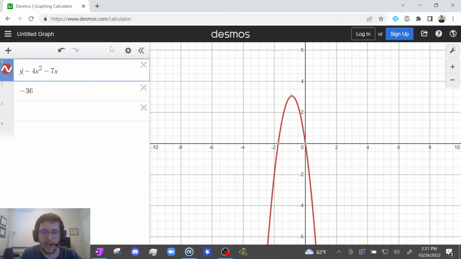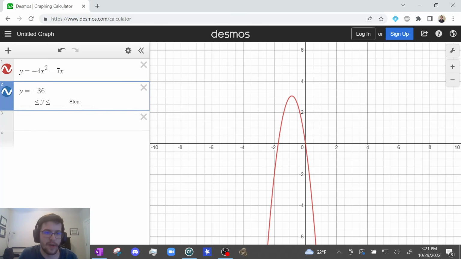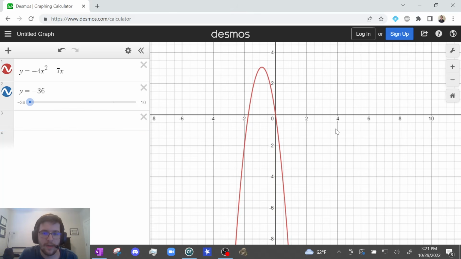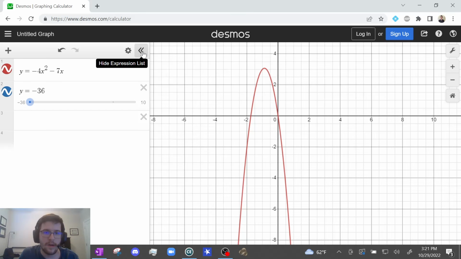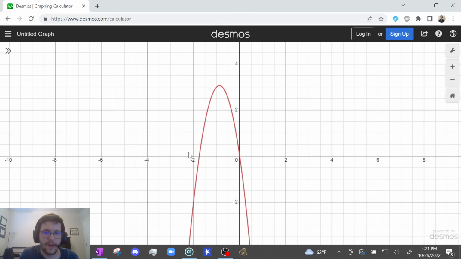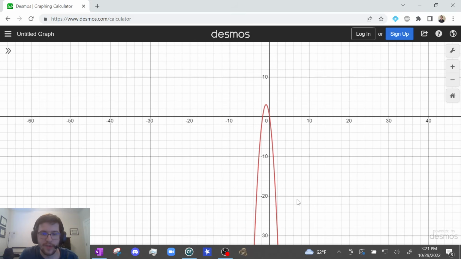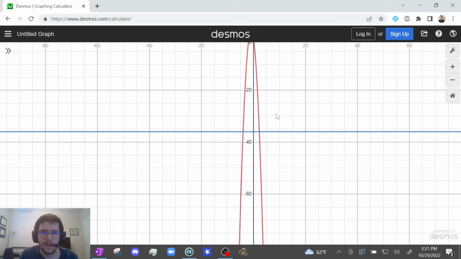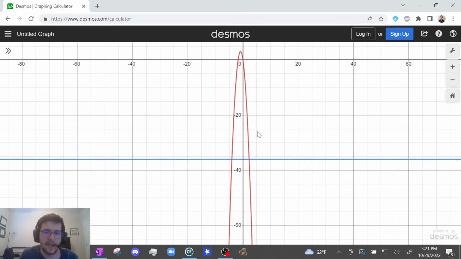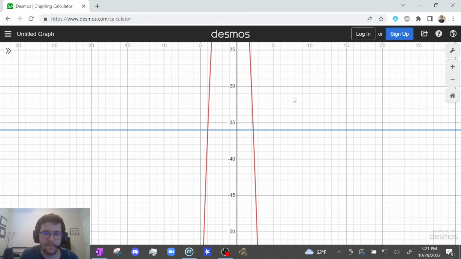Let's do y equals the left side and then y equals the right side, just so that they both get plotted. And you see now, I'm going to use my scroll wheel to very easily zoom out. You can also do this on a touch screen. And you see this is where it intersects, these 2 points, right?